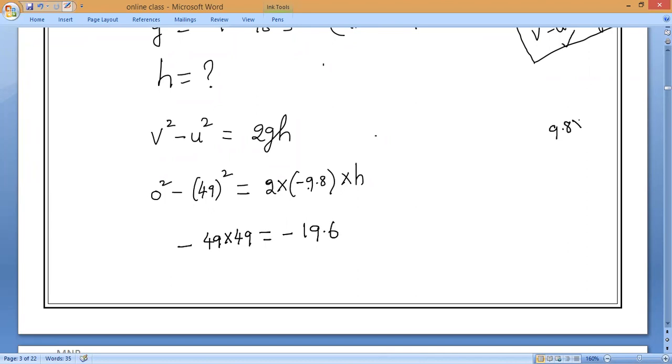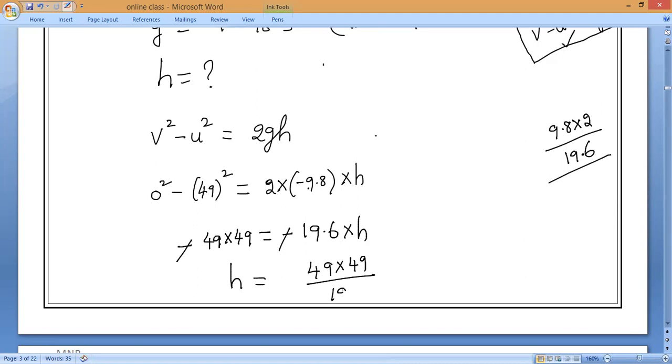You can multiply 98 into 2, which is equals to 196, one digit before. So 19.6 into H. Now minus will get cancelled. So H is equals to 49 into 49 divided by 19.6.